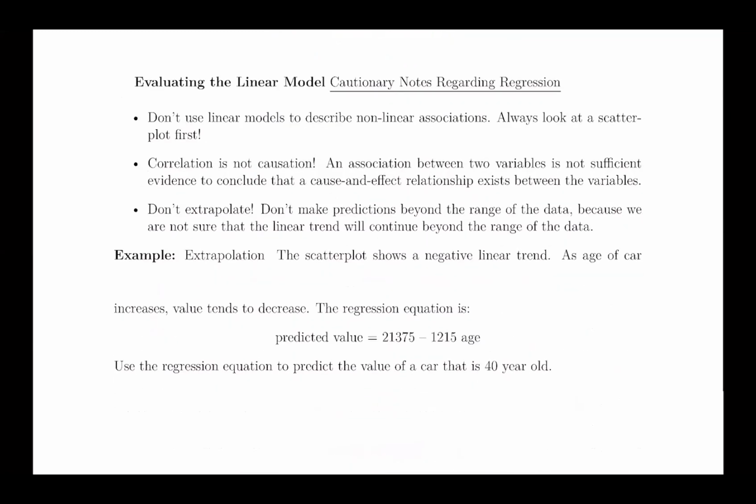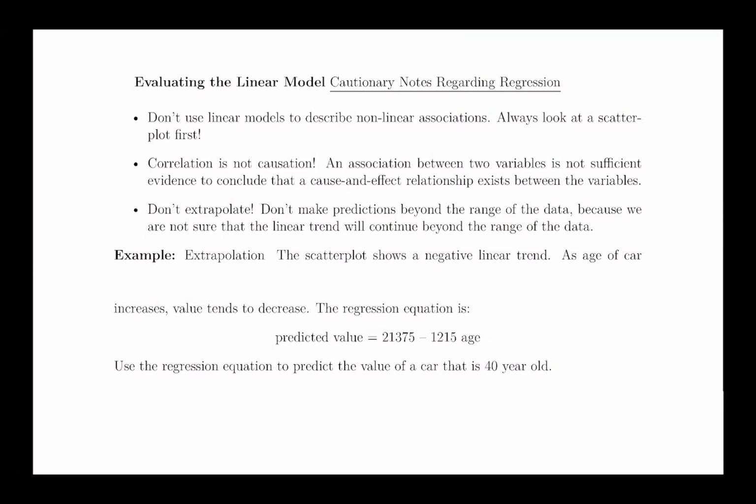All right. The last thing we're going to get into is something called extrapolation. Extrapolation is when we go far beyond our data set. We have our data set, and it's only meant to make predictions for values from x equals 0 to x equals 20, but we try to go beyond that.